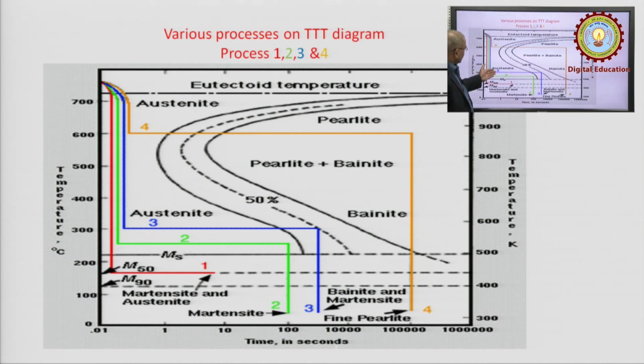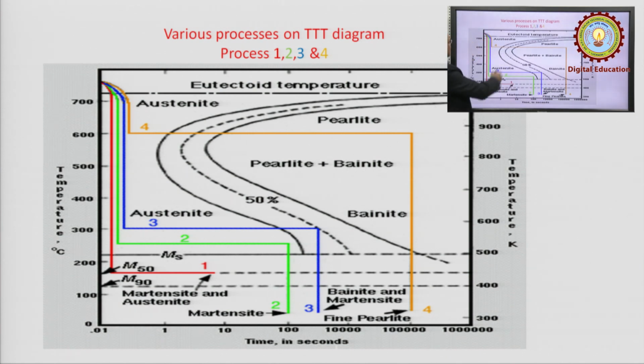This isothermal process is taking place and the transformation will start at this point. From here this continues up to here, and when the time has reached that, again quenching has taken place. So, austenite will get transformed into bainite and martensite. Bainite means during this region and martensite means during this region. So, austenite will be getting converted into bainite and martensite.